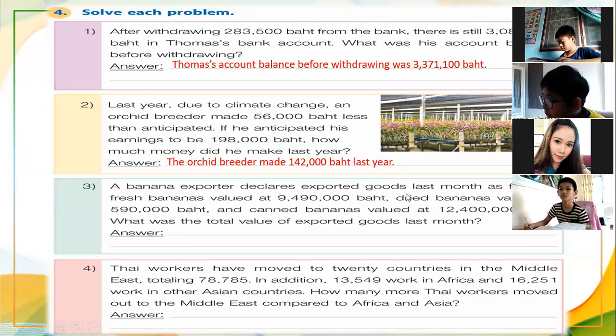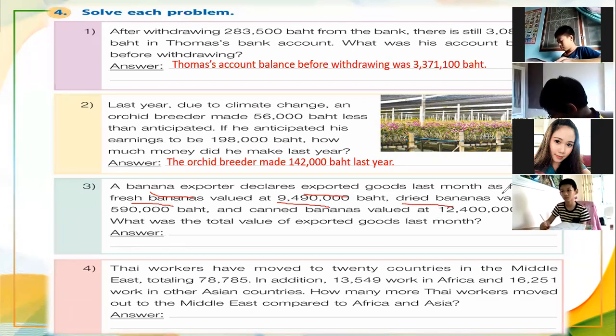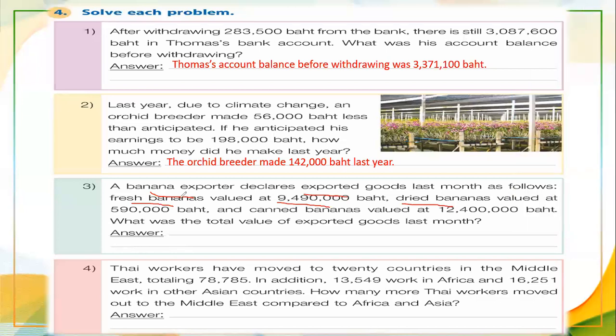Okay, now problem number 3. Here we have a banana exporter. A banana exporter declared exported goods last month as follows. Number 1, fresh banana valued at 9,490,000 baht. Then dried banana valued at 590,000 baht, and canned banana valued at 12,400,000 baht.